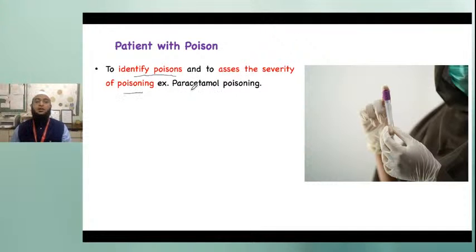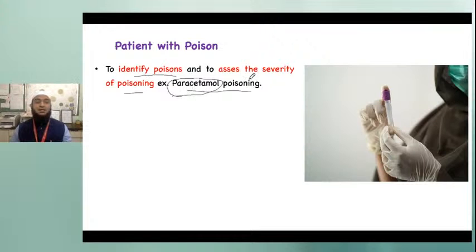Very importantly, in case of paracetamol poisoning, you can measure the metabolite of paracetamol which is responsible for the toxicity. N-acetyl-p-benzoquinone imine is the metabolite of paracetamol which is responsible for the liver toxicity. So instead of measuring the concentration of paracetamol, you can simply measure the concentration of that metabolite which is responsible for the toxic effect.